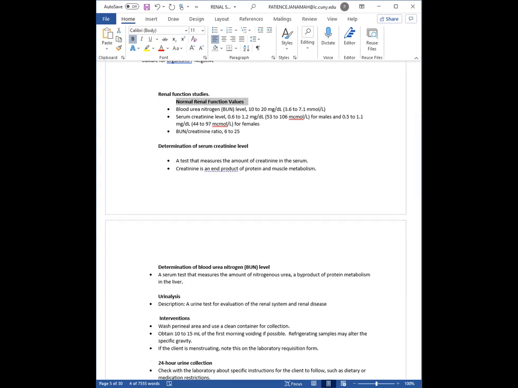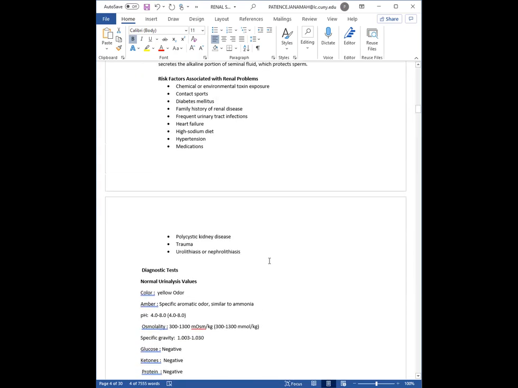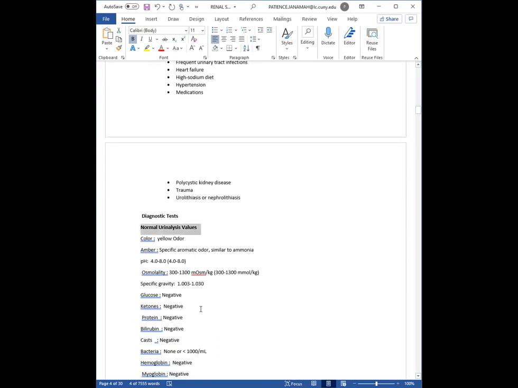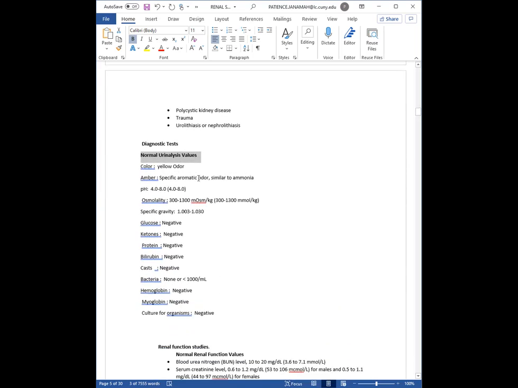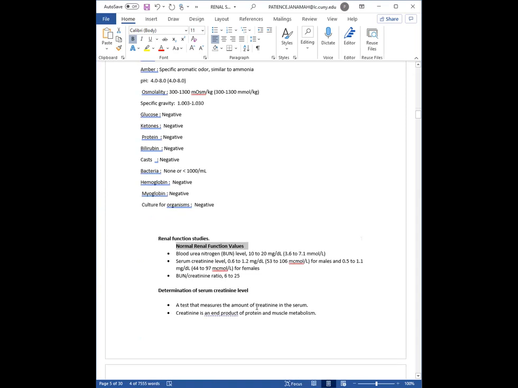So write them down. For a client with kidney problems, these are the tests they will do. They may not do all the tests for one kidney problem. So if you do urinalysis and you realize that it's UTI, you start treating it. Then we have renal function tests or renal function studies.